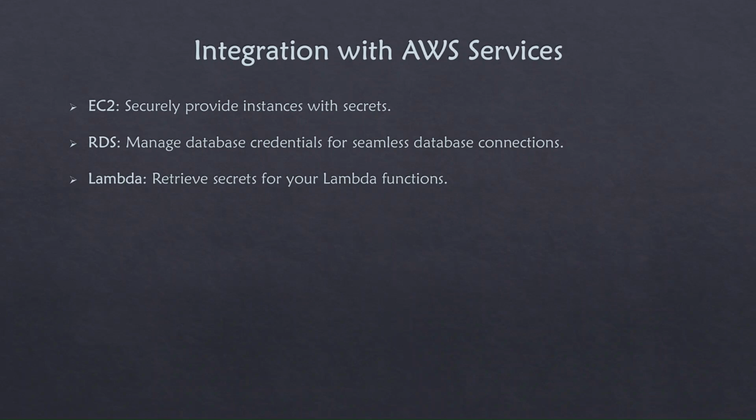AWS Lambda functions can securely retrieve secrets stored in Secrets Manager at runtime. This integration enables Lambda functions to access sensitive data such as API tokens or database credentials without hard coding them into the function's code or environment variables. Using AWS SDKs, Lambda can securely fetch the necessary secret each time it is invoked, enhancing security and scalability.